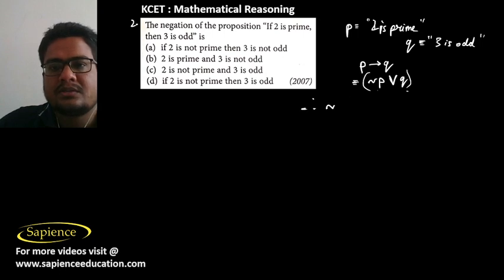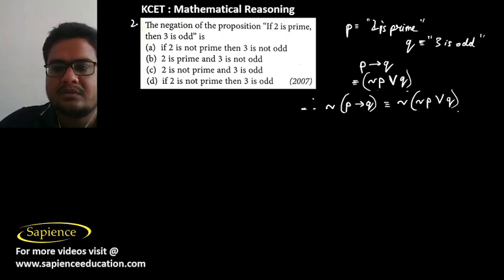Therefore, the negation of if P then Q means the negation of not P or Q. Here we can apply De Morgan's law.